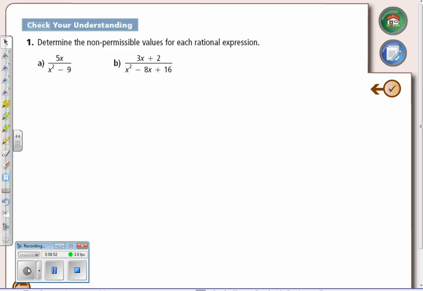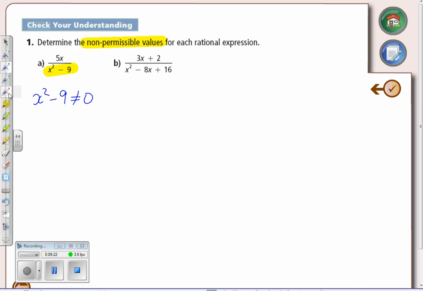So now we want to know what values will make the denominator equal to 0. That's what the NPV is talking about. We look at the denominator, pull that out. X squared minus 9 cannot equal 0. Well, we've got two methods to be able to do this. One is to factor it, and two, right now, we could just solve for the x. I'm going to show both methods.